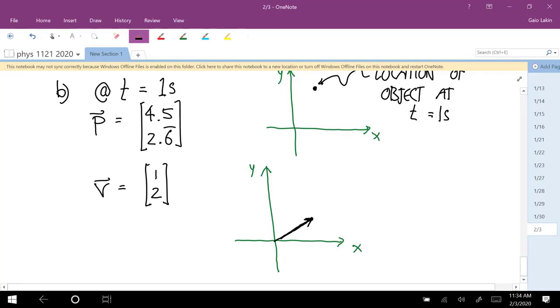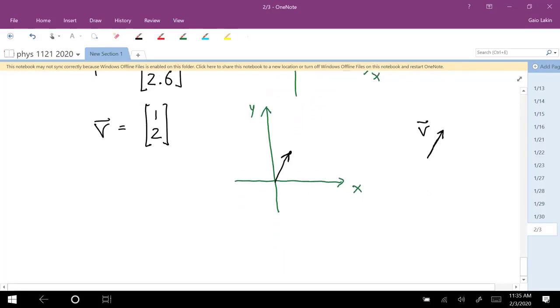Well, and the magnitude gives you the speed. How that relates to the origin doesn't matter, but that is the direction that it's moving at that instant. And the magnitude is the speed at that instant.